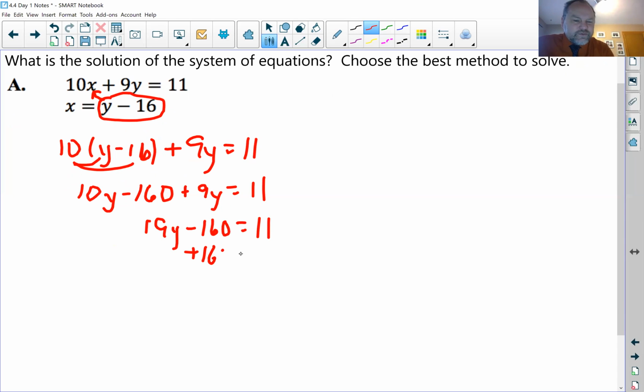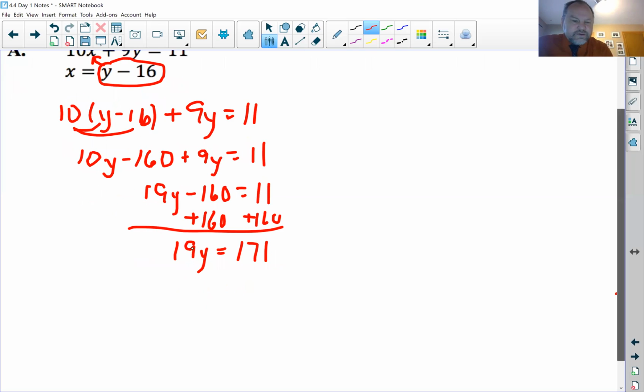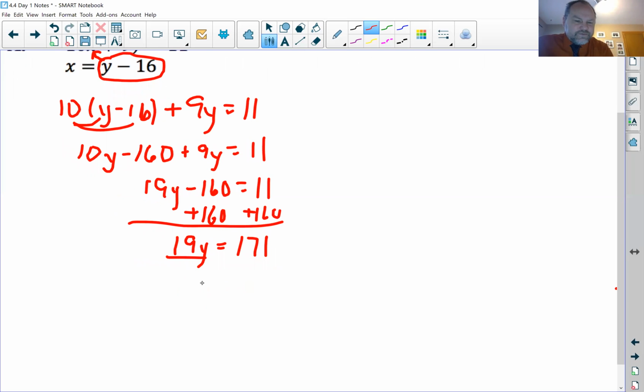Add 160 to both sides. Divide both by 19. And I would probably use a calculator to divide that. 171 divided by 19, although there are some clues that would lead you to know that it's 9.